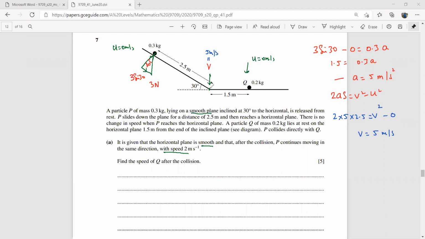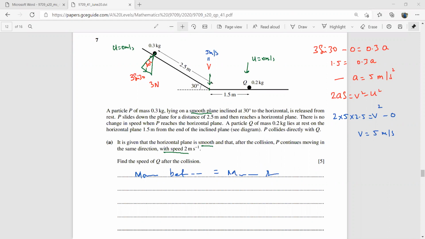And this speed remains same throughout. So it is going to hit this cube with a speed of 5 meter per second, because there will be no loss in the speed of the particle P. So we can say that the momentum before the collision is equal to the momentum after the collision.